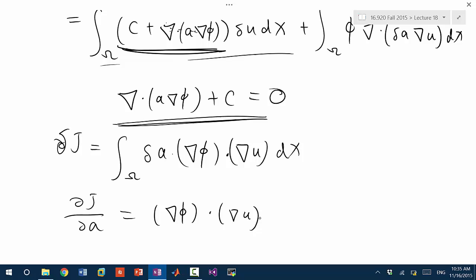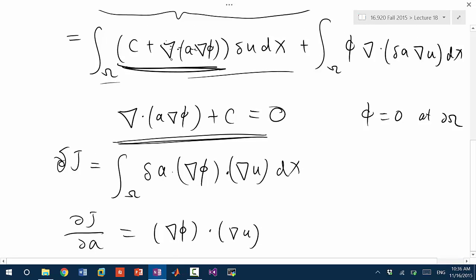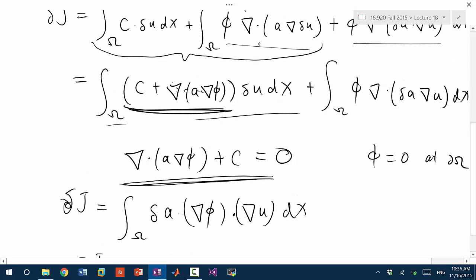Any questions here? Yes? So here we have chosen a function phi that satisfies the boundary condition, right? Yes, we also need phi to satisfy the boundary condition at the boundary in order for the integration by parts to cancel out. In the integration by parts, we are going to discover a term on the boundary that is phi times the gradient of delta U. Because delta U can be anything, we don't want delta U to appear anywhere.